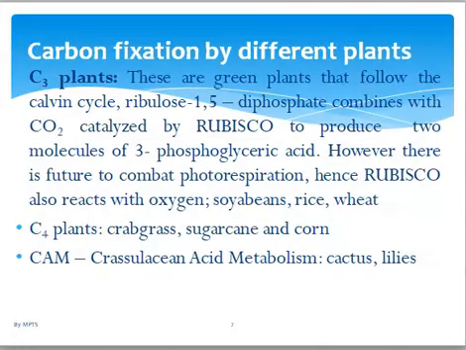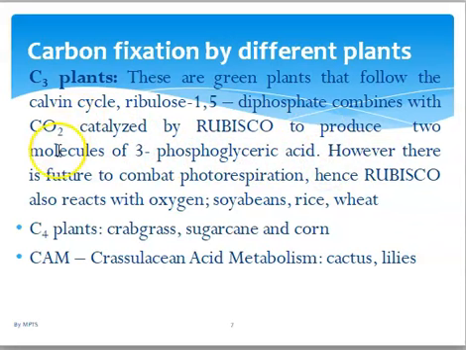Now, let us first look at the different plants which fix carbon dioxide. We have the C3 plants. These are green plants that follow the Calvin cycle, where ribulose 1,5-bisphosphate combines with CO2, catalyzed by rubisco, to produce 2 molecules of 3-phosphoglyceric acid.